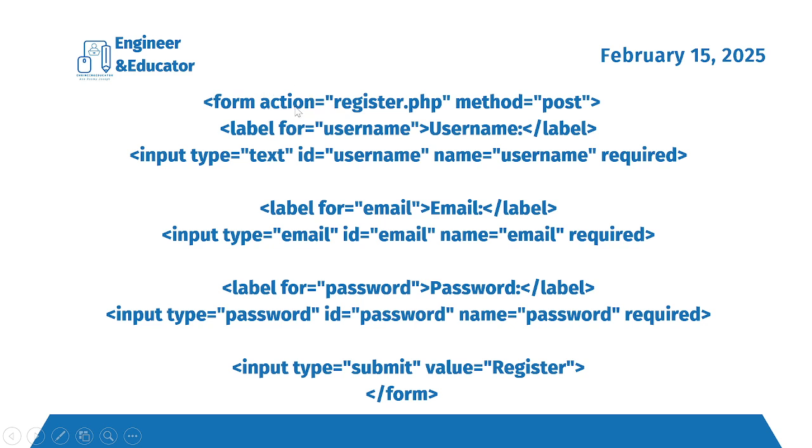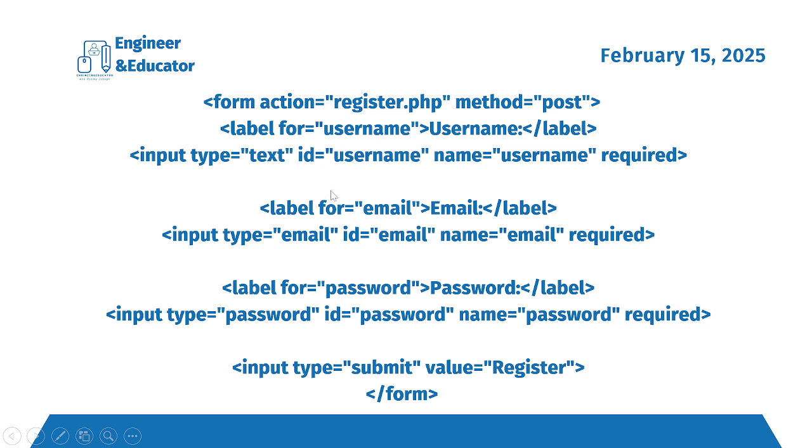Inside the form tag, we need to mention the page to which the data must be sent upon submission. Here I have a simple file name like register.php. I don't have any PHP file currently, just a name I have given here. Then method is equal to post.